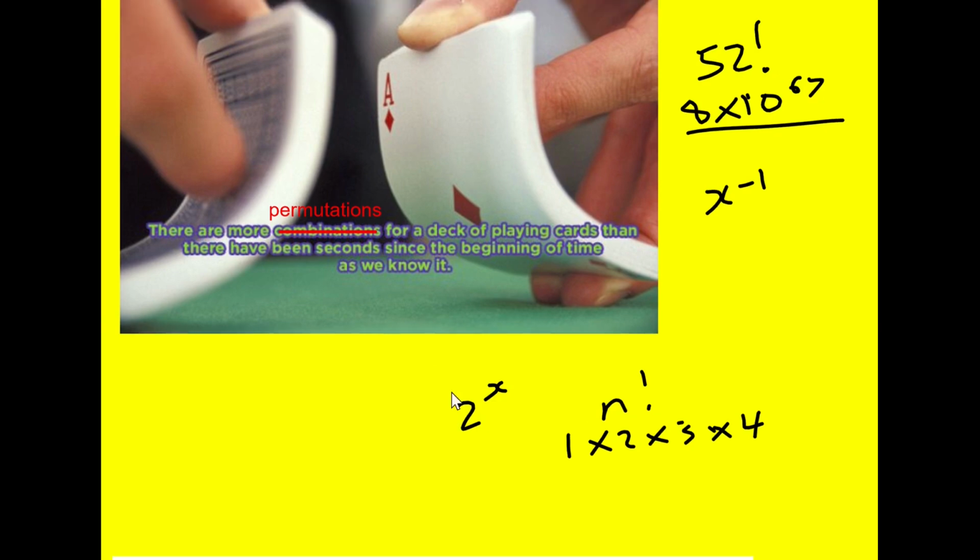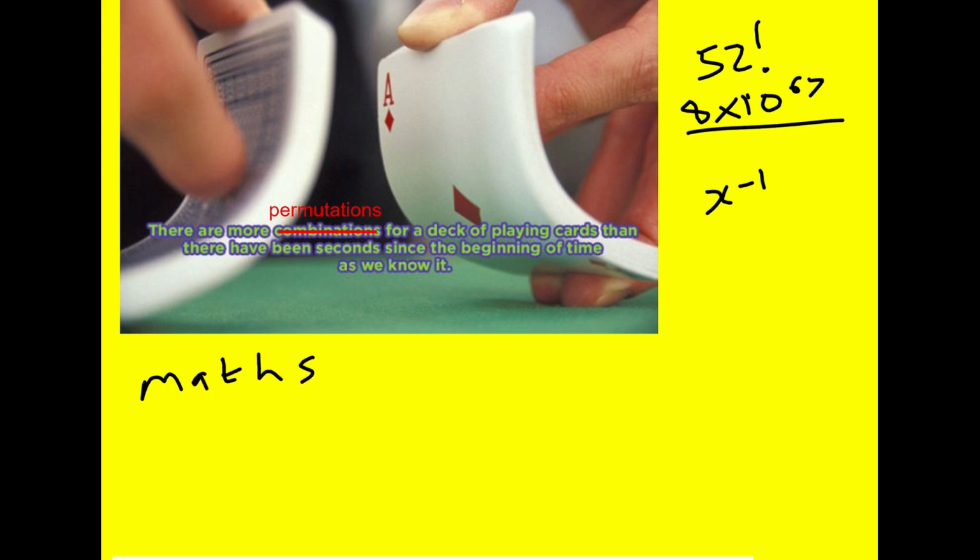Okay, actually, before I move on, here's just a couple of questions then. So let's look at the words. How many different ways of arranging the letters in the word maths to make other words? Now, they might not be words that are in the dictionary, but let's just stick with how many different ways of arranging the 5 letters.